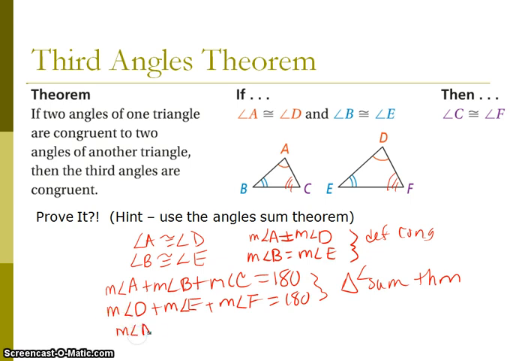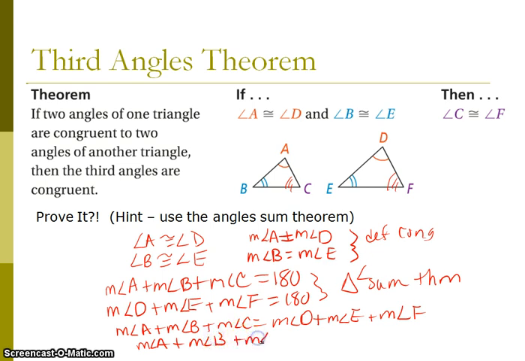So the measure of angle A plus the measure of angle B plus the measure of angle C is equal to the measure of angle D plus the measure of angle E plus the measure of angle F. But we have a couple of substitutions we can make here. And I'll just substitute A for D. So I'm going to rewrite this statement.